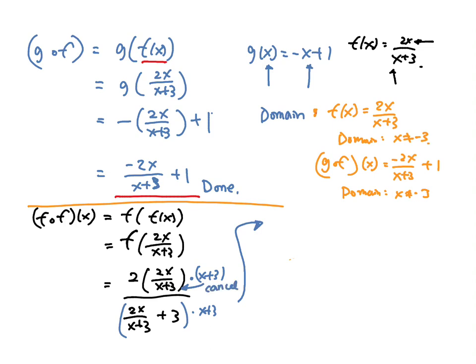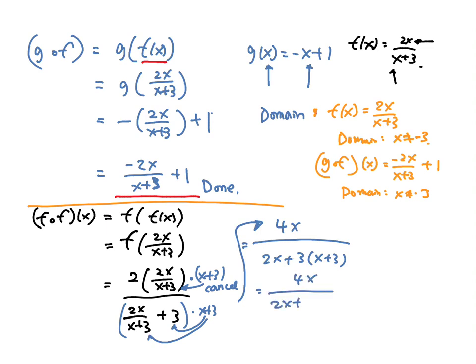So you end up getting 4x on top. In the denominator, you have to distribute. So you get 2x plus 3 times x plus 3, which is 4x over 2x plus 3x plus 9, which is 4x over 5x plus 9.